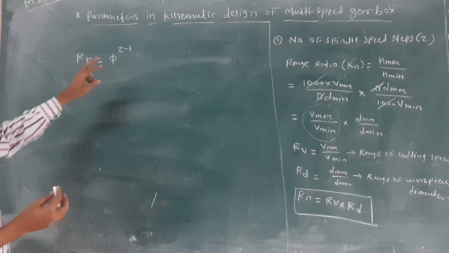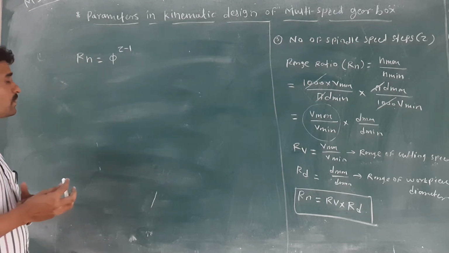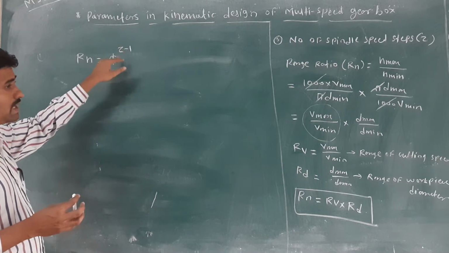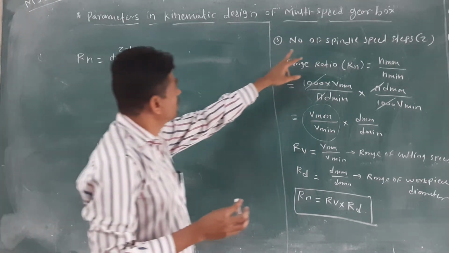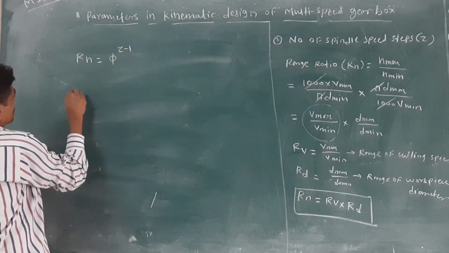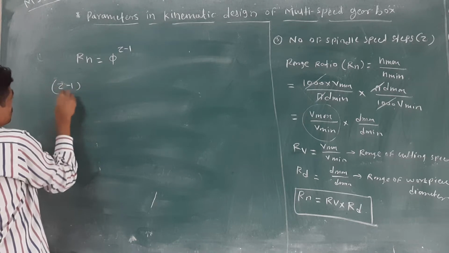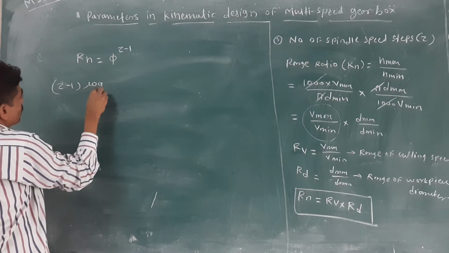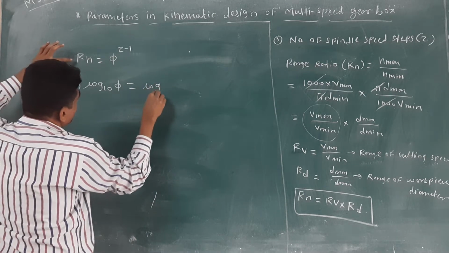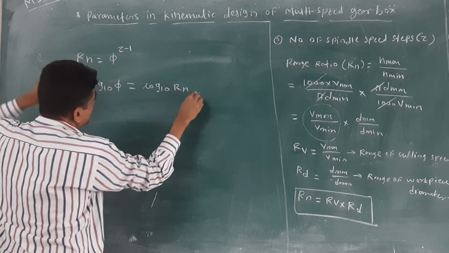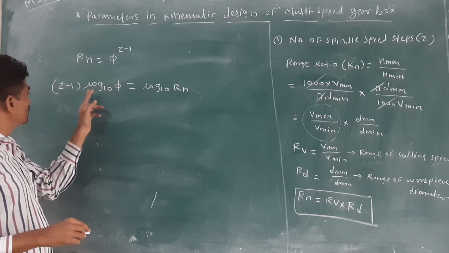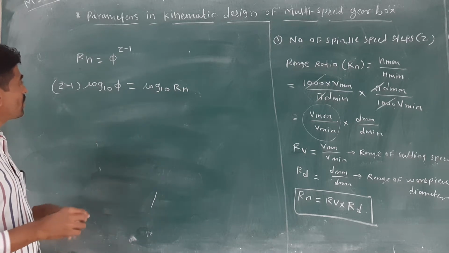If you simplify this formula, then knowing the value of Rn and phi, you will get the value of z. Z means what? Number of spindle speed steps. And how to simplify this? Check that. I will write (z minus 1) into log 10 phi is equal to log 10 Rn.